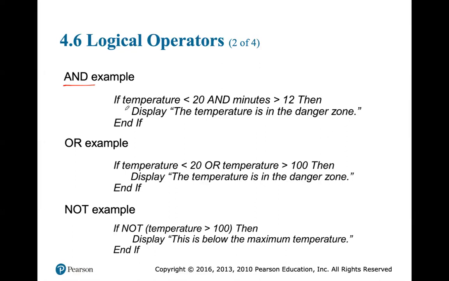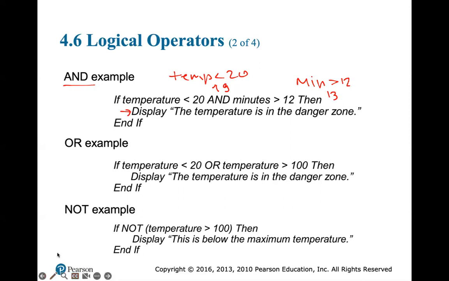This will be executed only if our temperature is less than 20, so let's say our temperature is 19, and if our minutes are greater than 12, so let's say our minutes are 13. Only in this case will it evaluate to true, and we will see this message displayed.